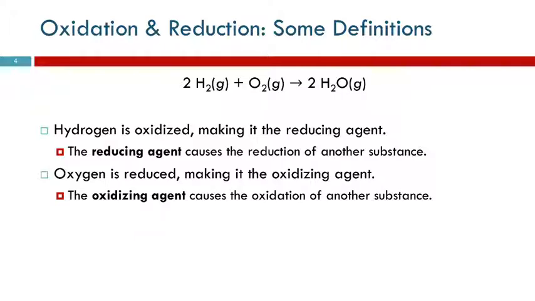So it itself is oxidized. In this situation, the oxygen is reduced. That makes it the oxidizing agent. The oxidizing agent causes the oxidation of something else. Oxygen being an oxidizing agent kind of makes sense.